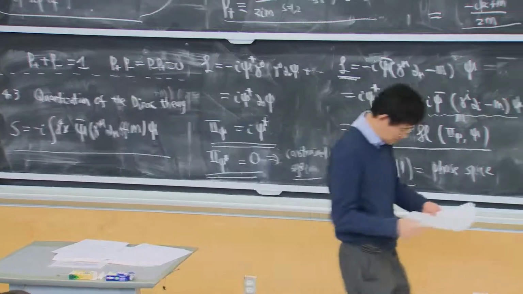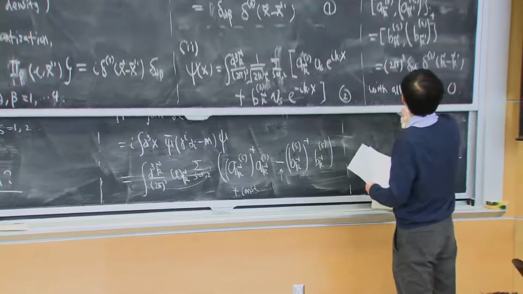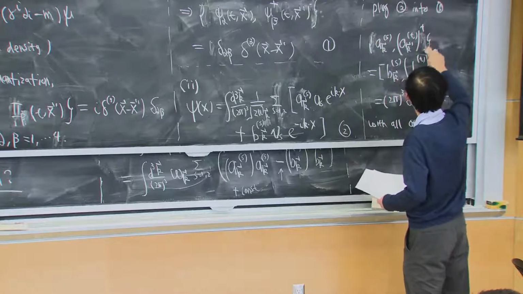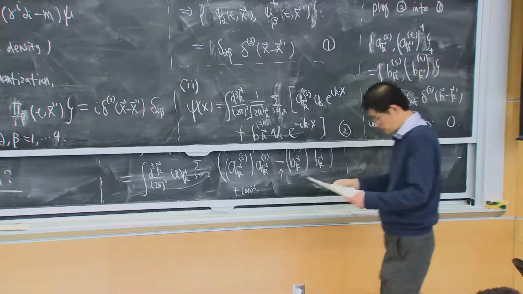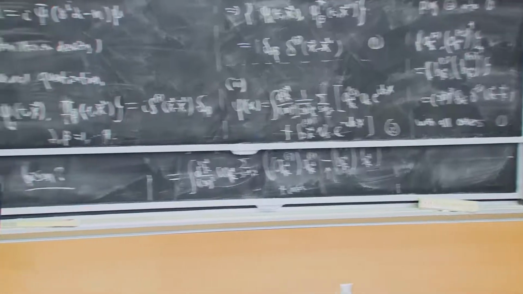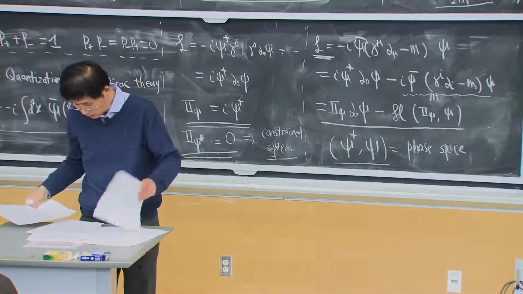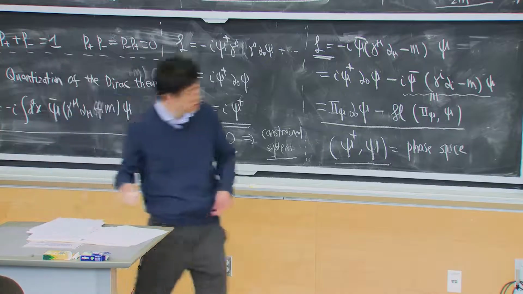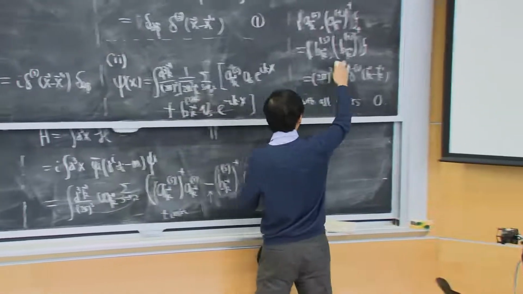And now this becomes anti-commutator. Also from the convention, you change this to dagger, as we did for the complex scalar case, and then you just get this.